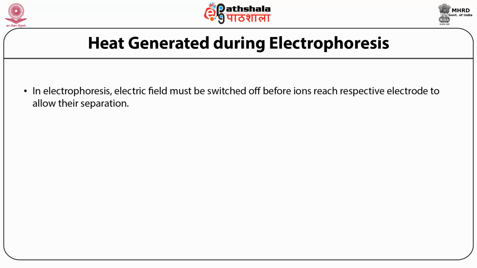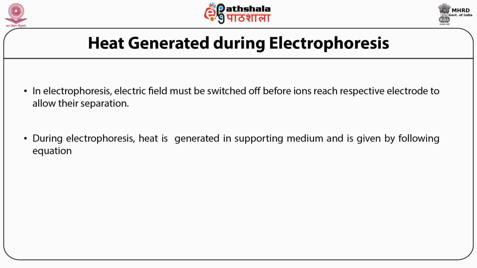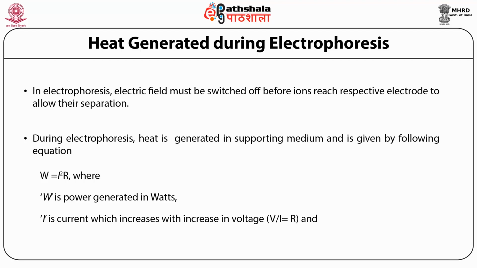to allow their separation. Heat generated is given by the equation W equals I squared R, where W is the power generated in watts, I is the current, which increases with increase in voltage as per Ohm's law. So if voltage is increased, then current will increase at a constant resistance, and R is the resistance.